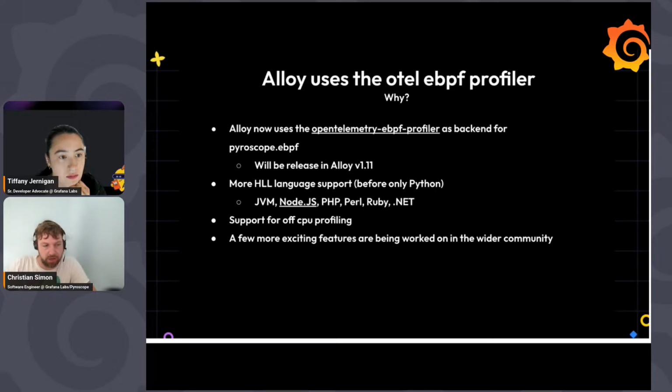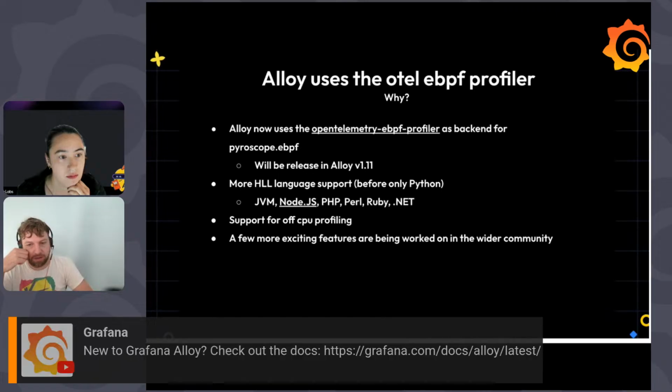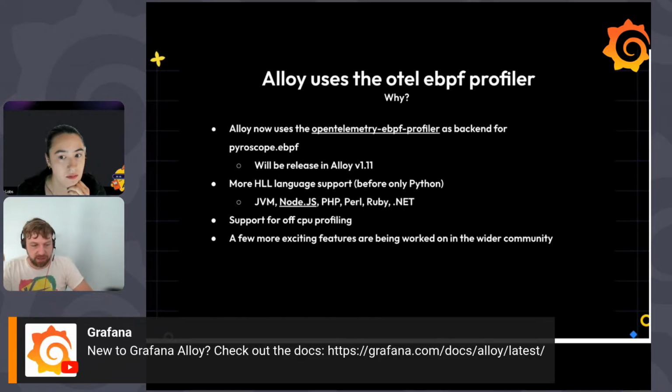And I guess you can modify things on the way. You can select what you want to collect, and in the case of profiling, Alloy would be controlling how often each process should be profiled, and also collecting more metadata around it, like what pod this is running in, what container.